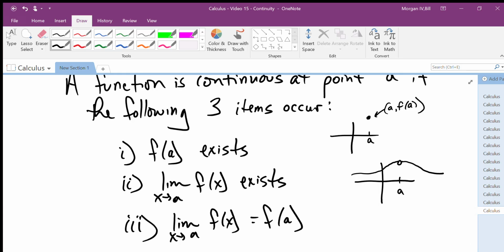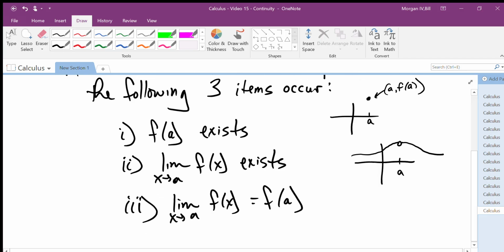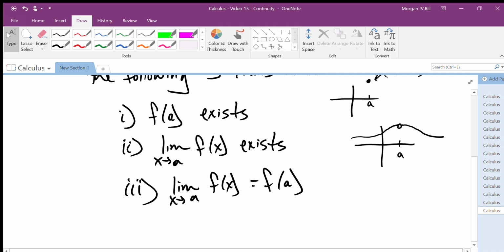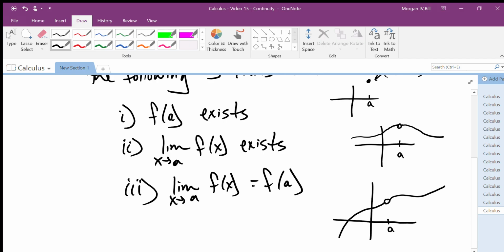And the third thing for the function to be continuous at point A is that whatever value we got for the limit as x approaches A of f of x must equal f of A. In other words, you have the x value of A, and you have the limit existing there, and f of A exists at the same spot as the limit.